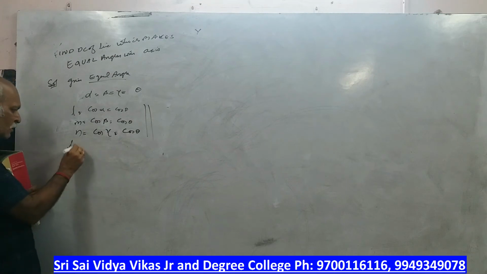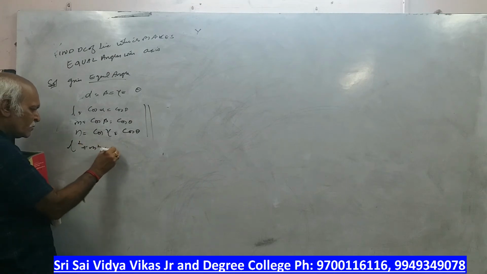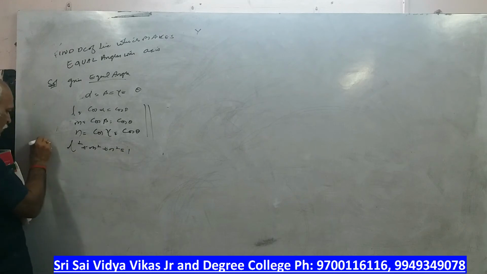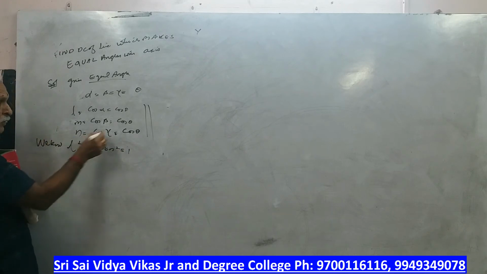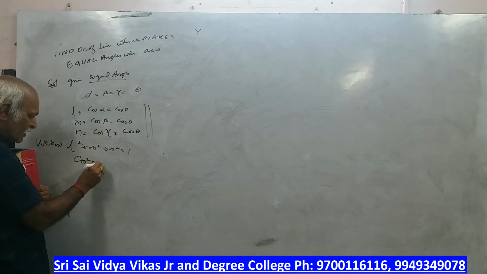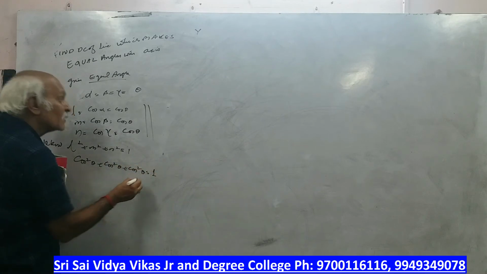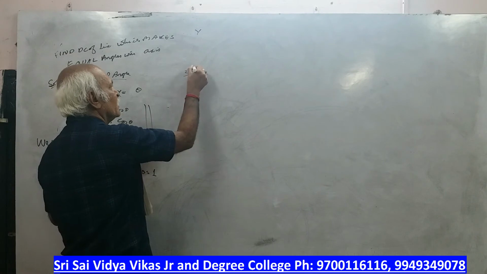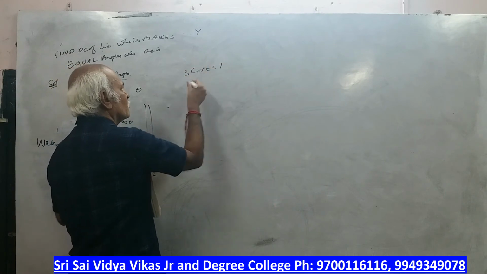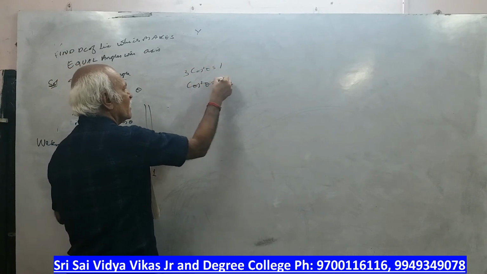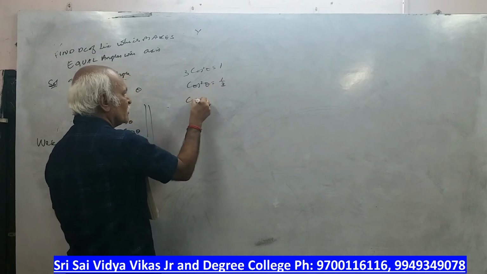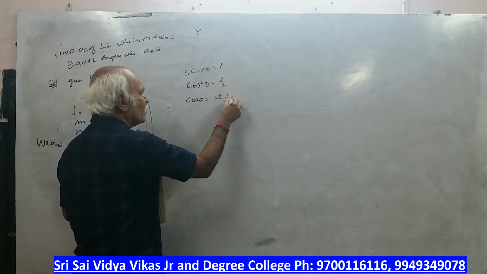We know L square plus M square plus N square is equal to 1. So cos square theta plus cos square theta plus cos square theta is equal to 1. So 3 cos square theta is equal to 1. Cos square theta is equal to 1 by 3. So cos theta is equal to what? Plus or minus 1 by root 3.